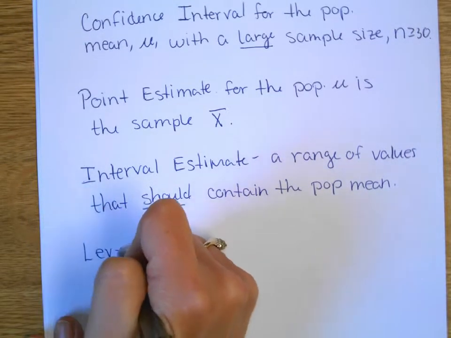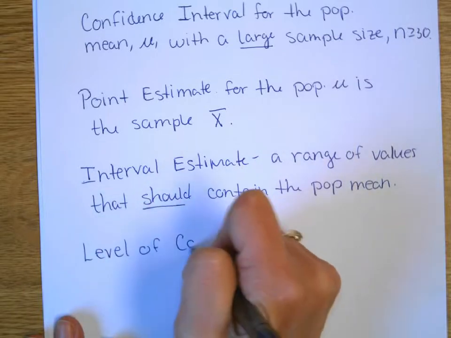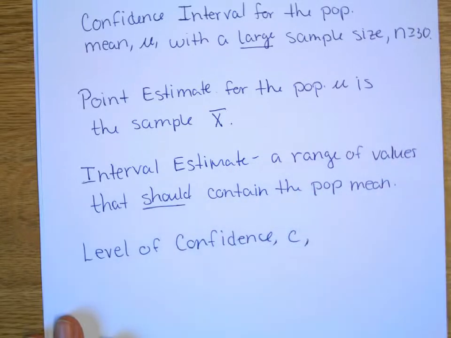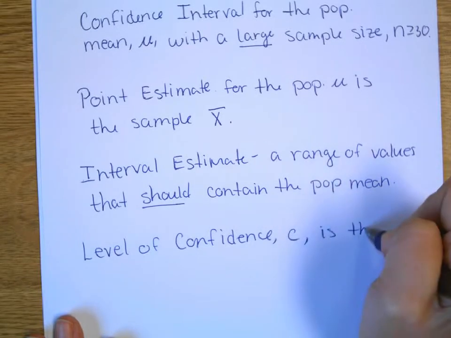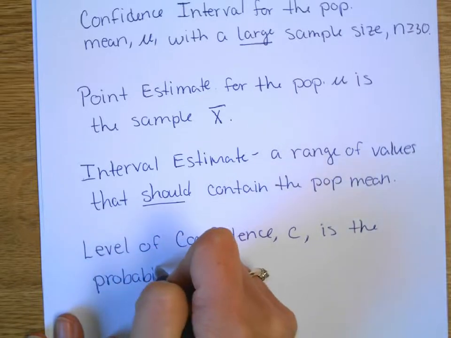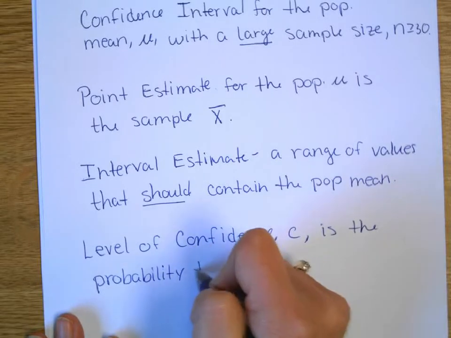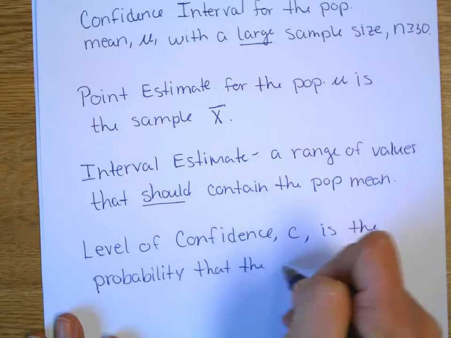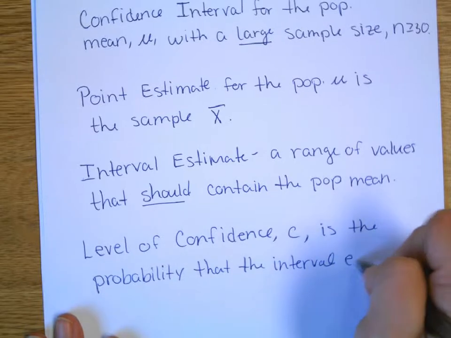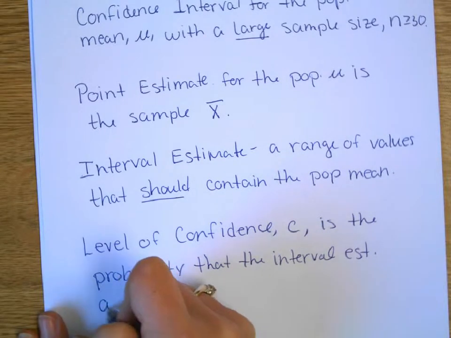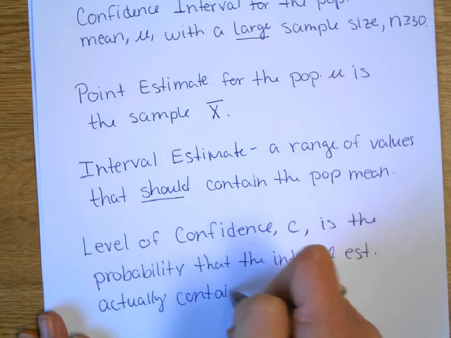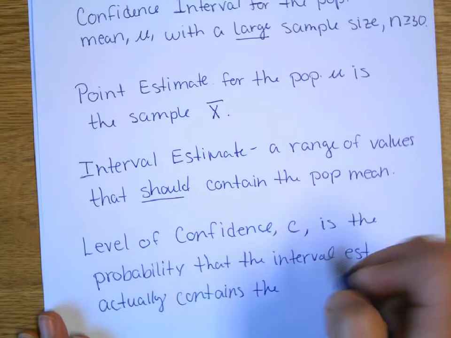And level of confidence, lowercase c, is the probability that the interval estimate actually contains the population value.